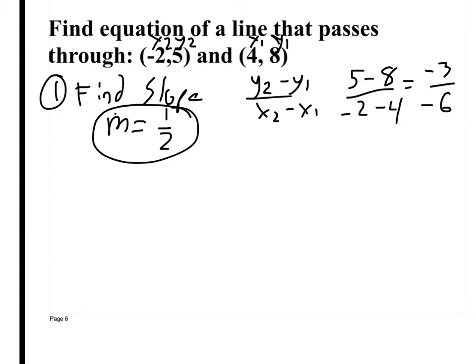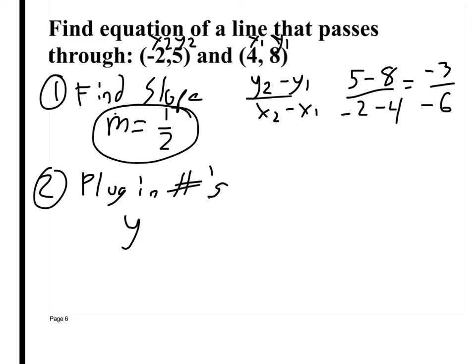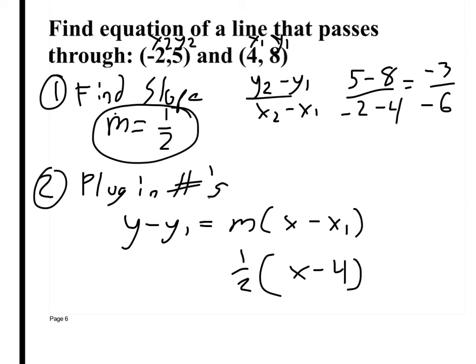Then what I do in my second step is plug in numbers. So I plug them into this. Y minus Y1 equals M times X minus X1. So I plug in 1/2 for M. And I plug in 4 for X1. And I plug in 8 for Y1. Now I'm done.